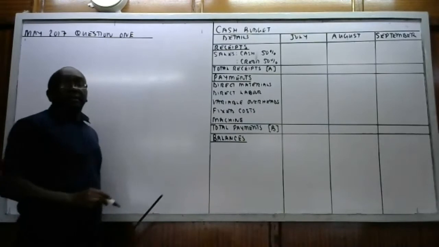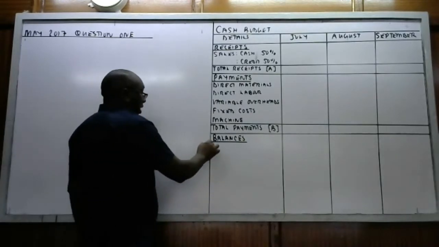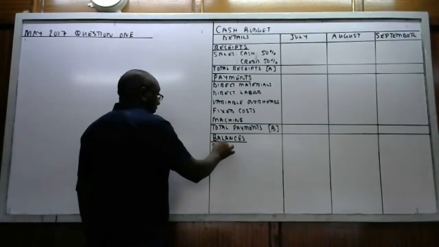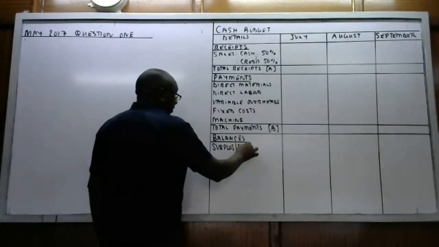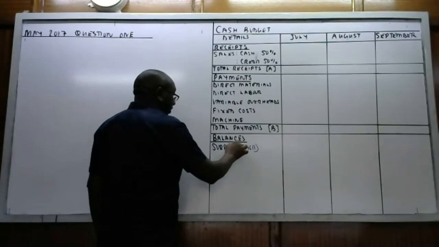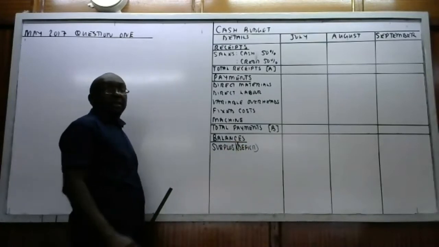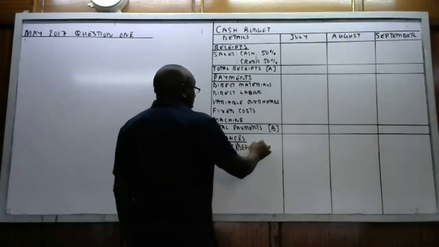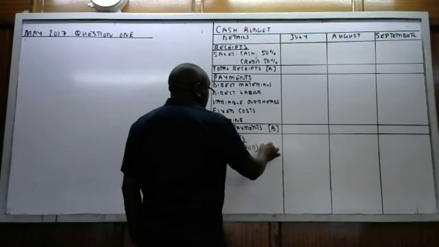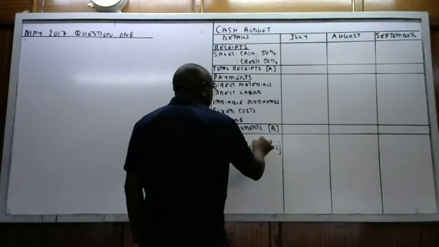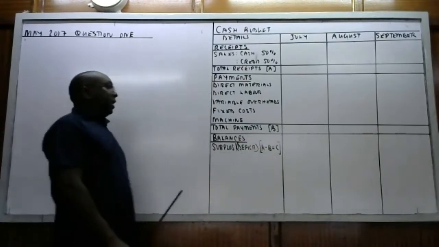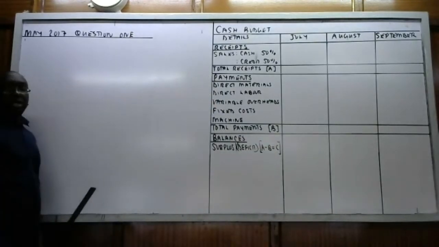In balances, we have surplus or deficit, and a deficit should be in brackets. This is supposed to be A minus B, which you call C.